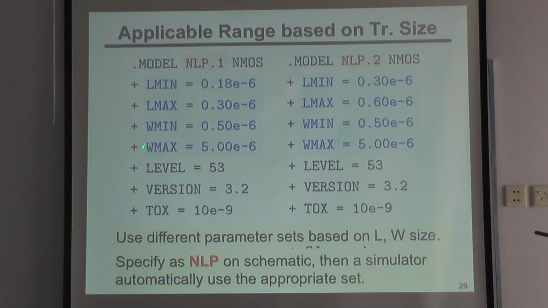That means when L and W are in this area, we use these parameter values, and when L and W are in this area, we use these other values.